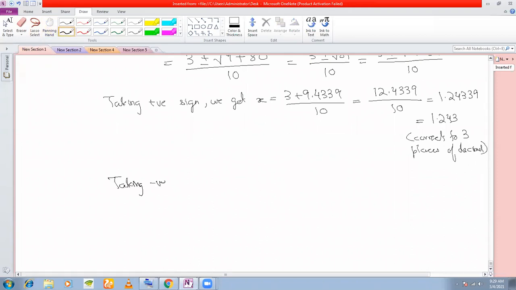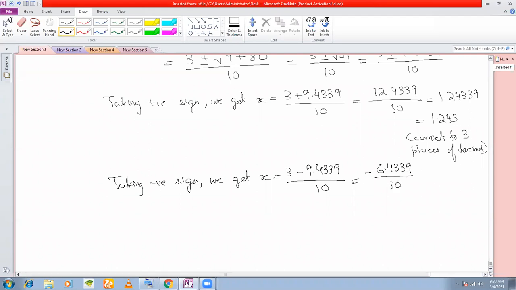Taking negative sign, we get x is equal to 3 minus 9.4339 divided by 10. So you subtract these two. You get minus 6.4339 divided by 10.